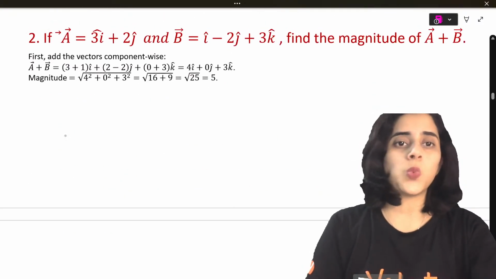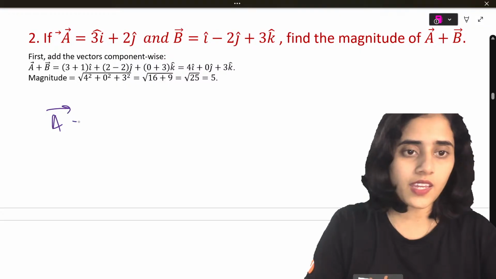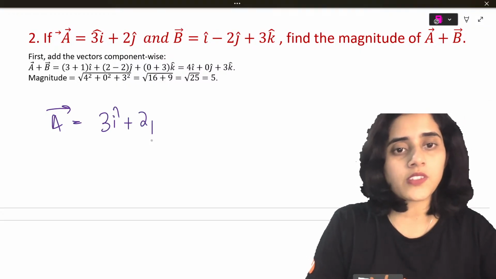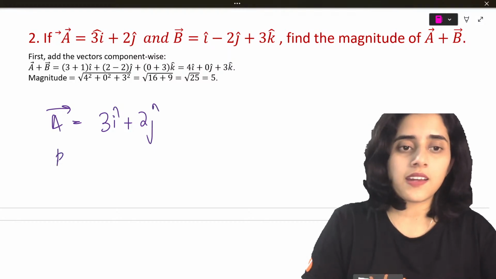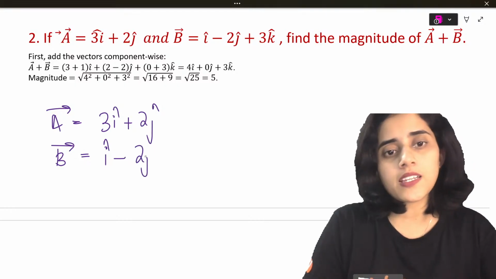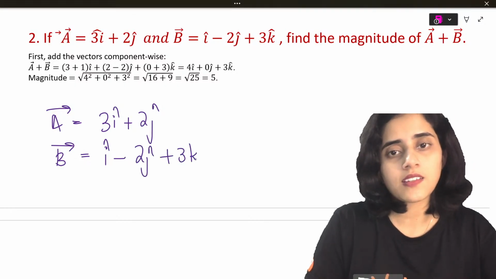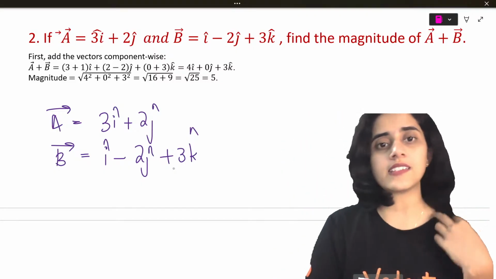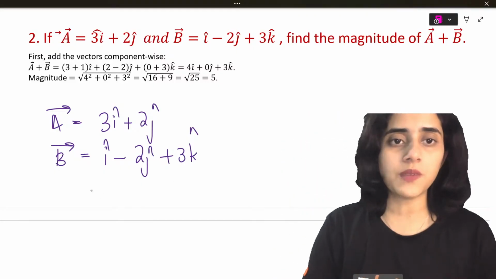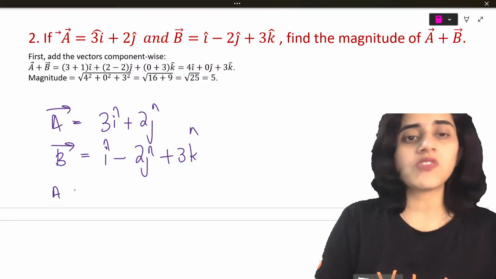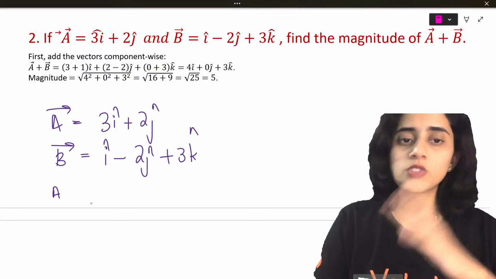If A equals 3i cap plus 2j cap and B equals i minus 2j plus 3k, find A plus B. So this is also very easy, students. To find A plus B, what you should do is take the components of i and j and k together.